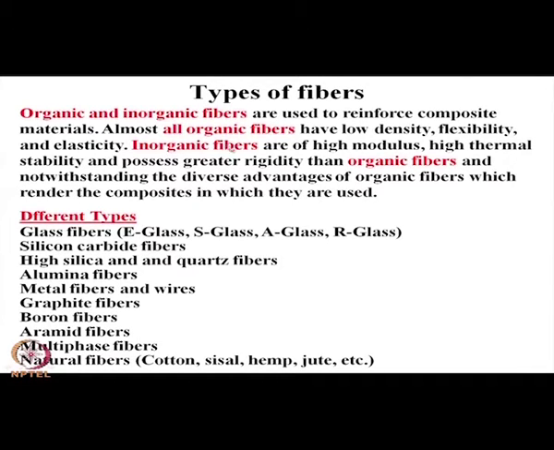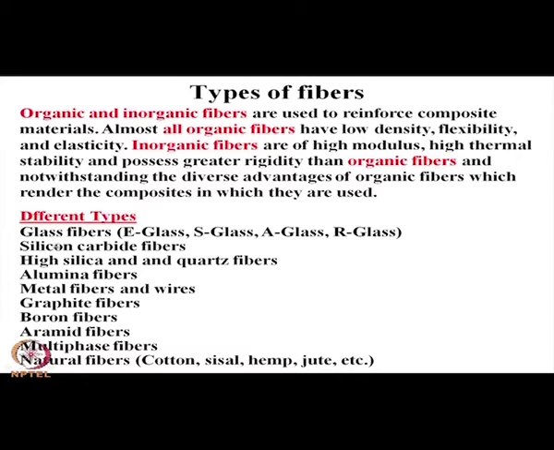Inorganic fibers are of high modulus, high thermal stability and possess greater rigidity than organic fibers. And one can have diverse advantages of fibers which render the composites in which they are used.